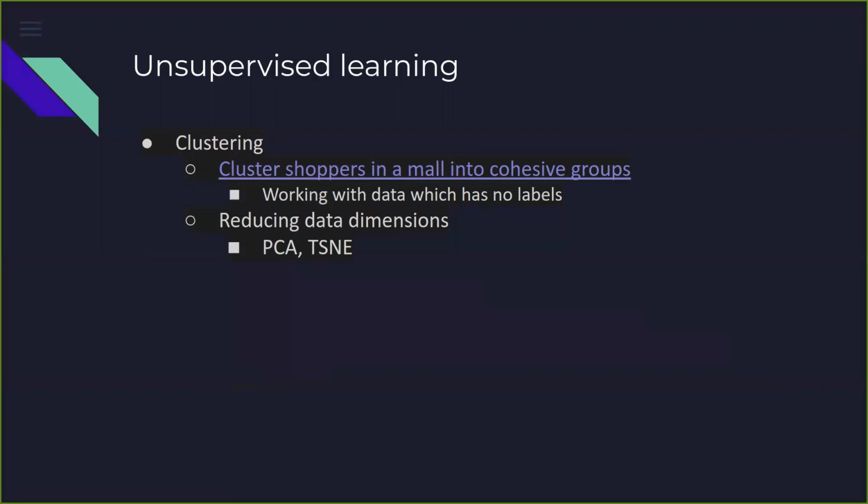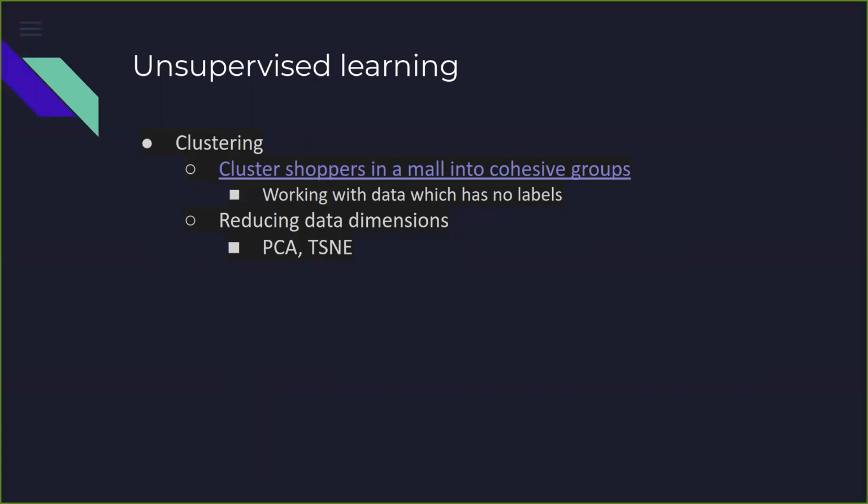Then we come to clustering, which is a type of unsupervised learning, where the labels or the categories are not defined in the data which I process. Without any prior information about what kind of data that is, we will get some data from the different people who visit the mall, and based on their gender, age, and spending patterns, we want to group them into homogeneous groups so that my marketing campaign can be targeted.